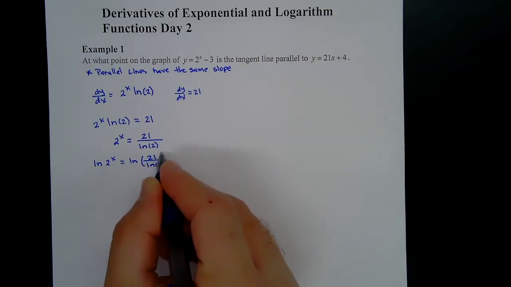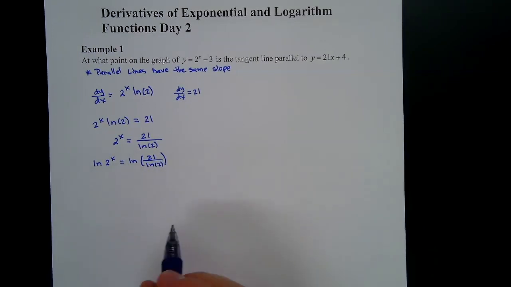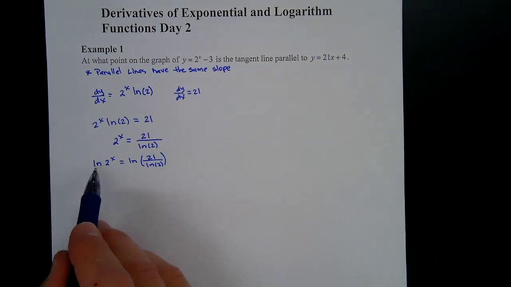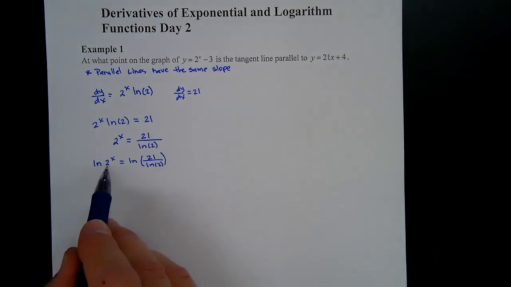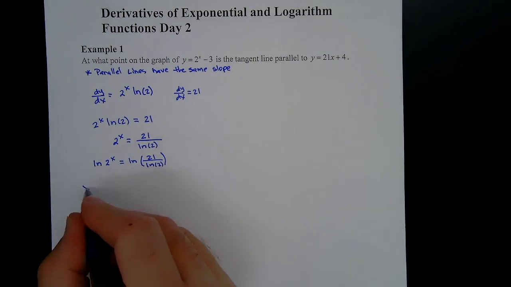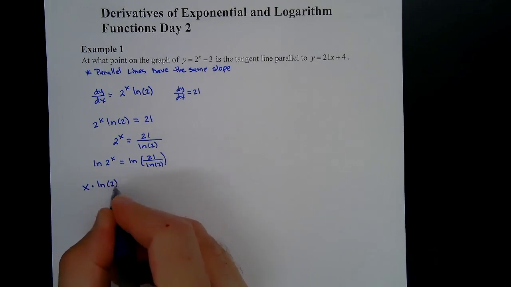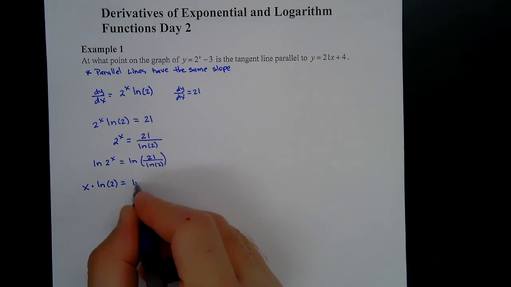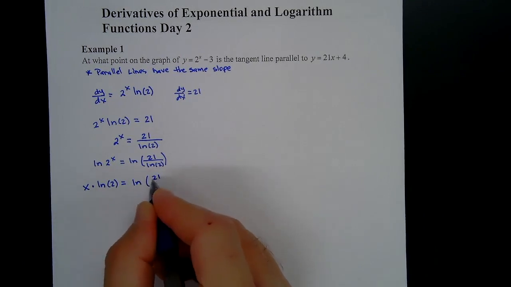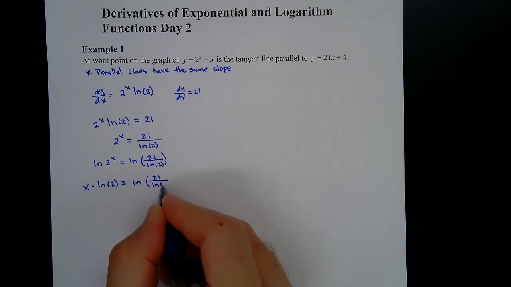Yeah, we have a natural log within a natural log. Now I'm going to use logarithm properties that say if you're taking the logarithm of something raised to a power, you can rewrite that as the power times the natural log of the base. So this can be rewritten as x times the natural log of 2 is equal to the natural log of 21 over the natural log of 2.